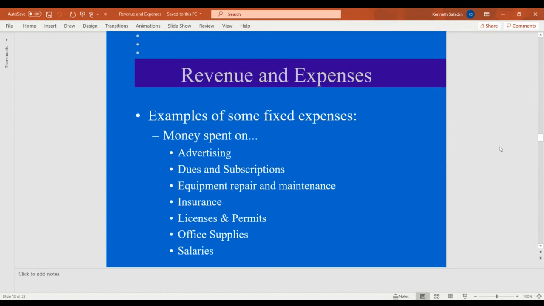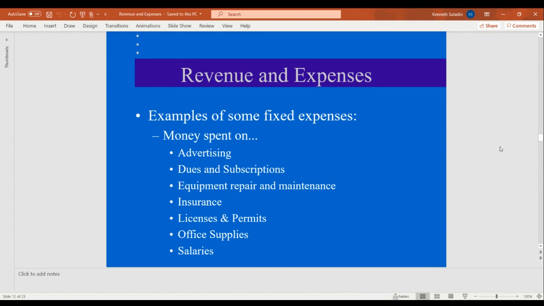The money that a company spends on advertising, I think a lot of people would agree, would be a fixed expense. Dues and subscriptions. Dues, what we're referring to here would be dues to professional organizations.